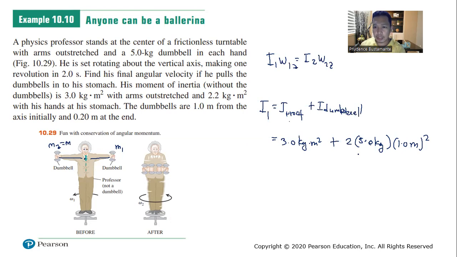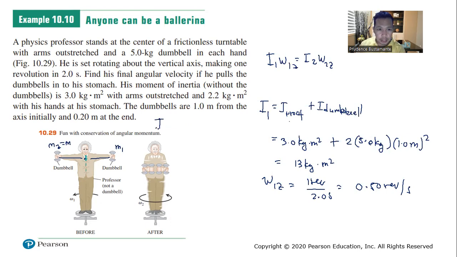So the moment of inertia is 13 kilogram meters squared. And our initial angular velocity is 1 revolution per 2.0 seconds, which is 0.50 revolution per second.